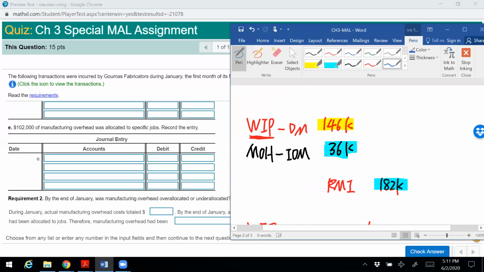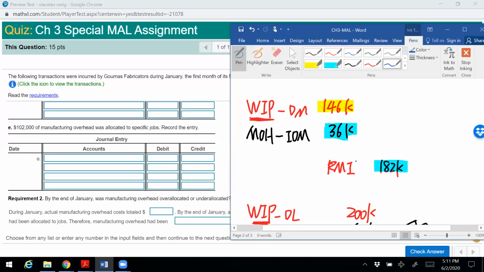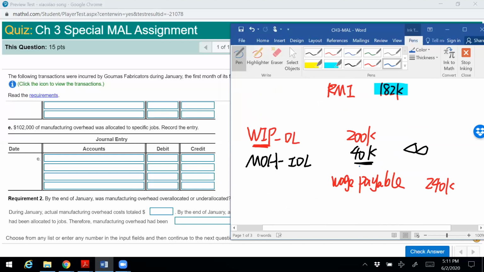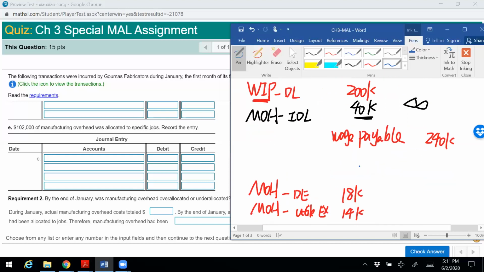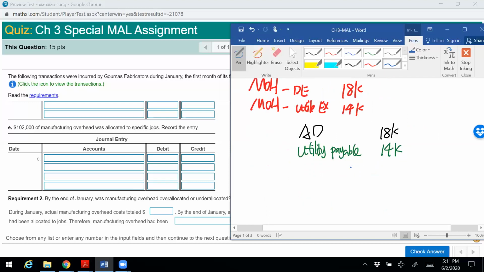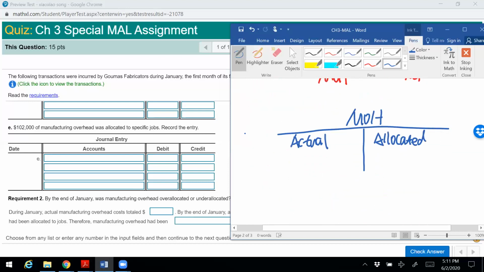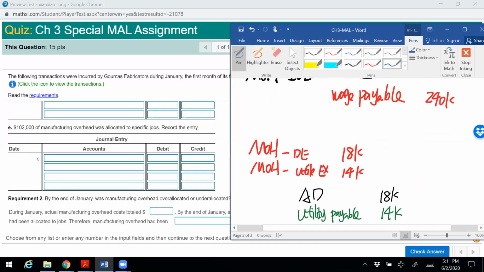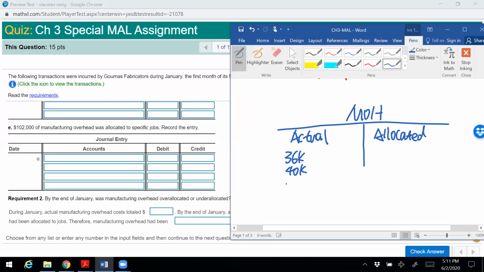We have 36,000, and then 40,000, 18,000, and 14,000.